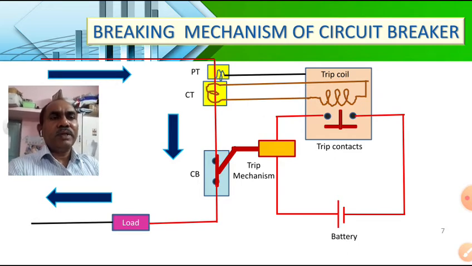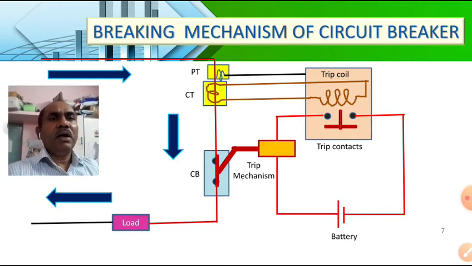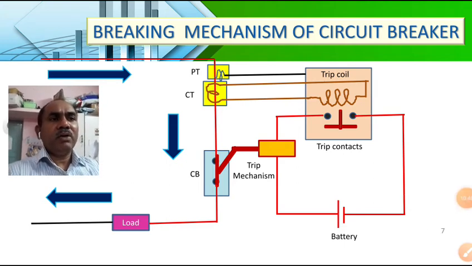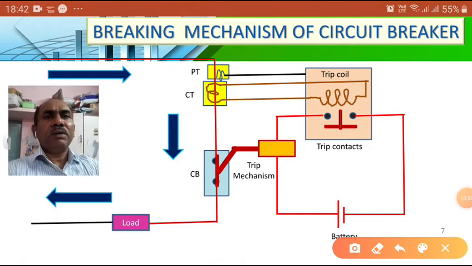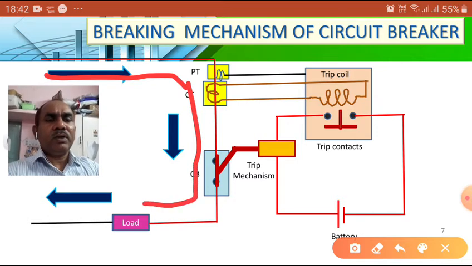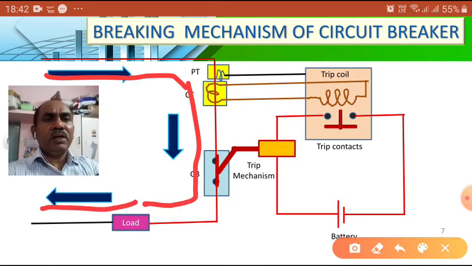Now you know all these things, but as a basic thing you should know the operation of our circuit breakers. Under normal condition, whatever current is coming enters the circuit breaker, goes to the load, and after the load goes to the next place.